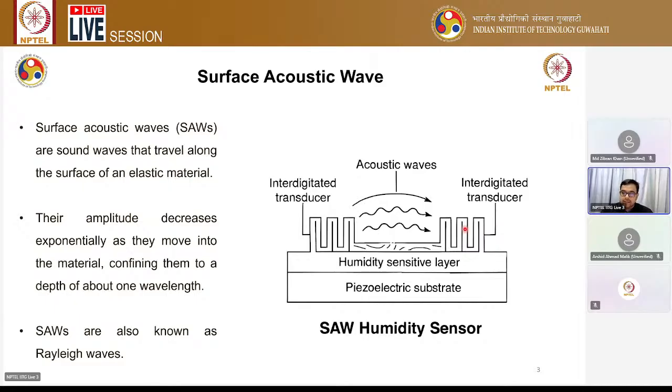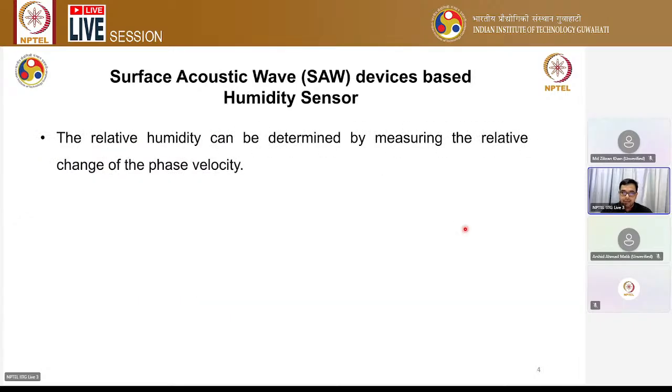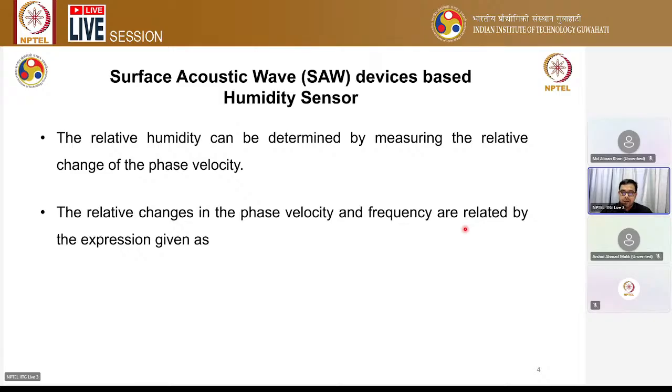These signals were also known as Rayleigh waves, if you remember, and the relative humidity was determined by measuring the relative change in the phase velocity. Phase velocity and group velocity we have seen in a little detail when we discussed the course. We'll revise it once more today.